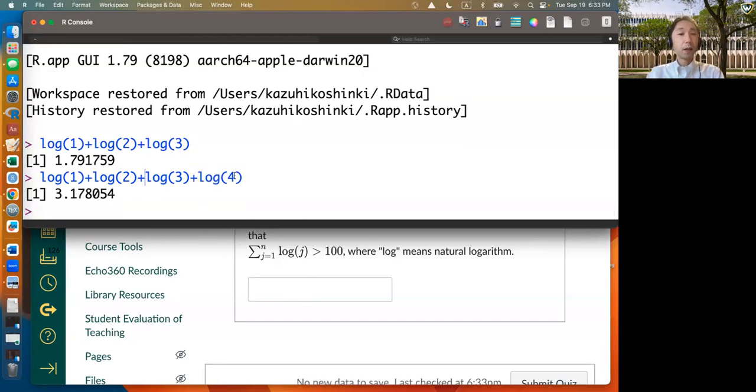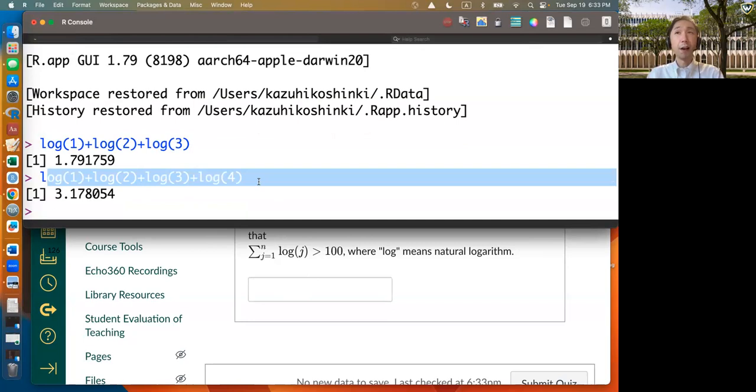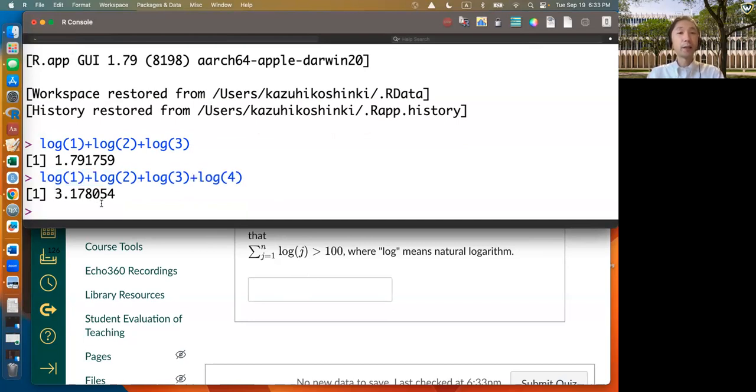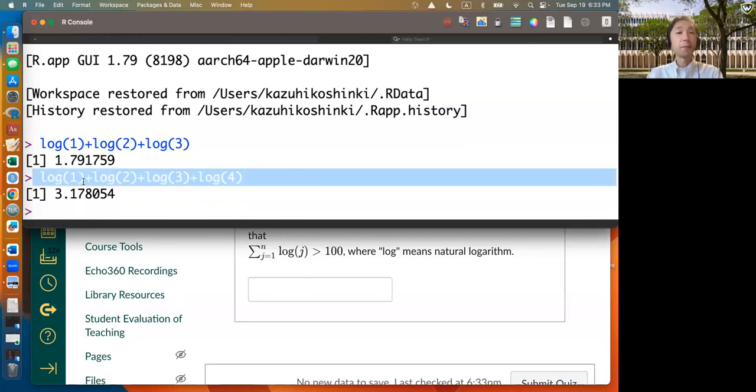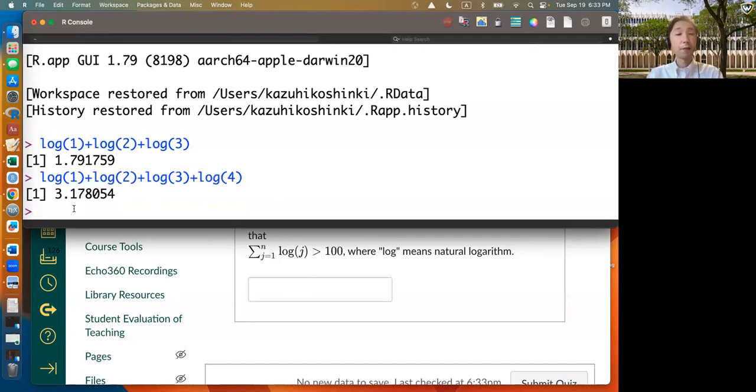And at least if the number inside is larger than e, 2.718, then this summation becomes at least 1 larger. So at some point, probably before 100, this summation becomes larger than 100. That is what we can see.